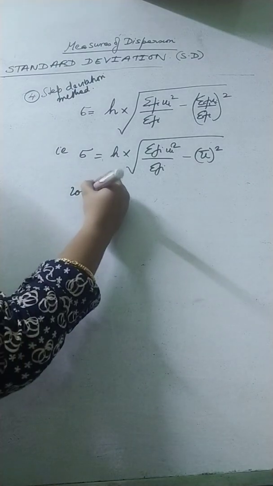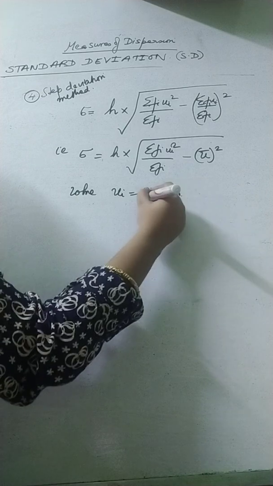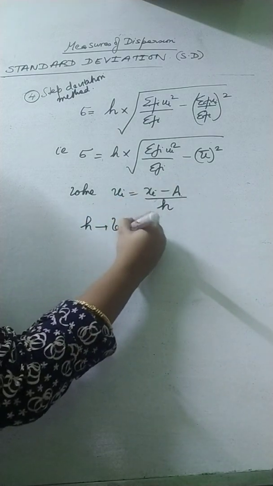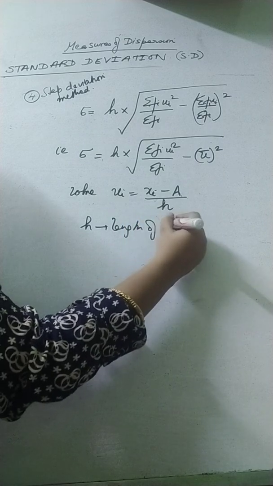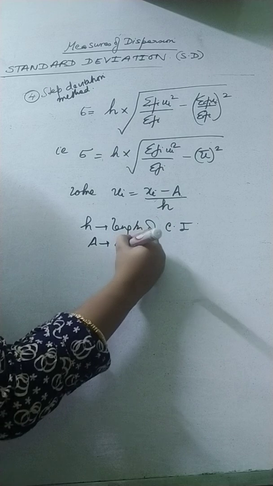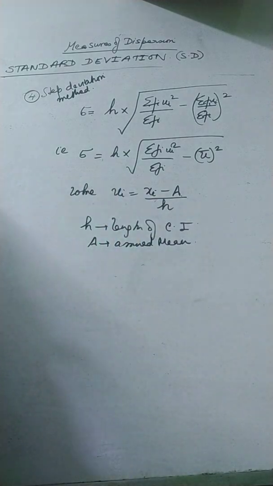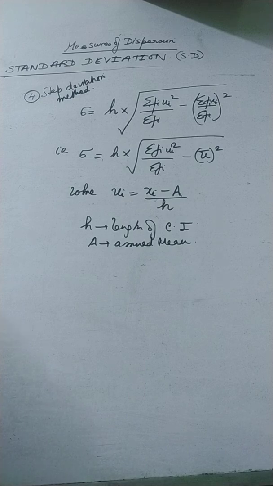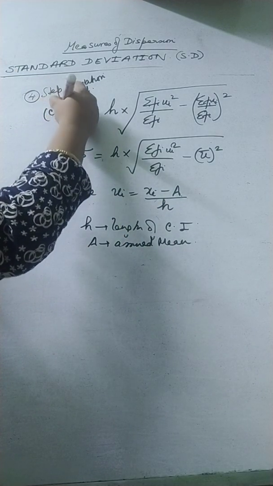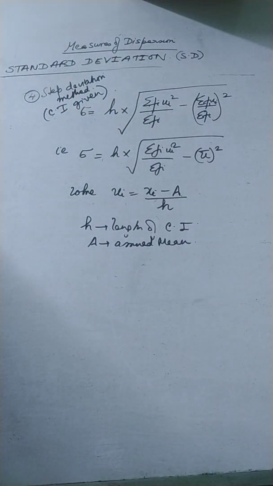What is u? Where ui is xi minus a by h. h stands for length of the class intervals and a stands for assumed mean of the distribution. And notice, since I have length of class intervals involved, this method is to be used only when class intervals are given.